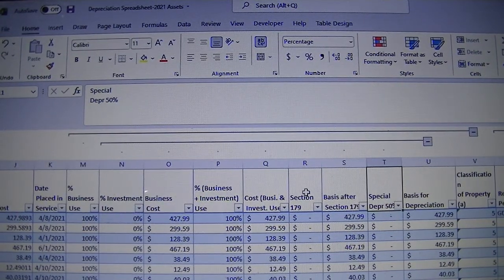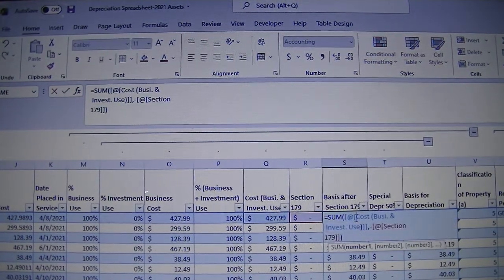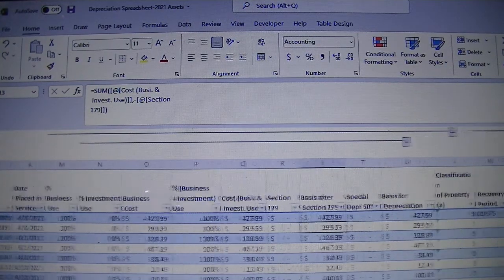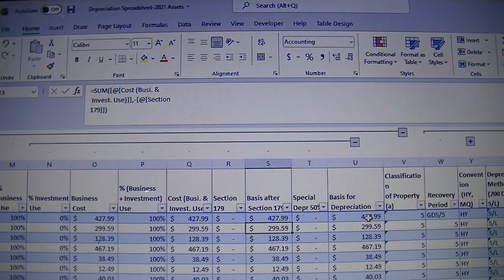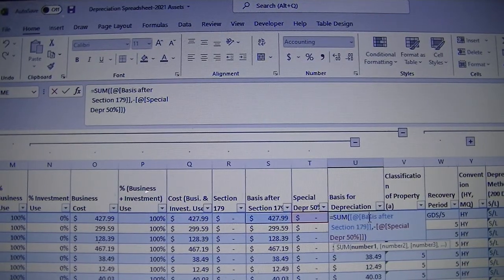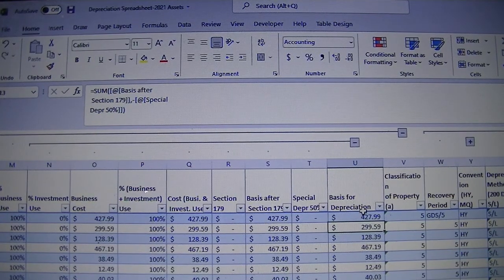So if you are going to take those depreciation, you will do subtractions to see how much you have left after you take section 179. And if you take special depreciation, you will see how much is left to depreciate at the end.